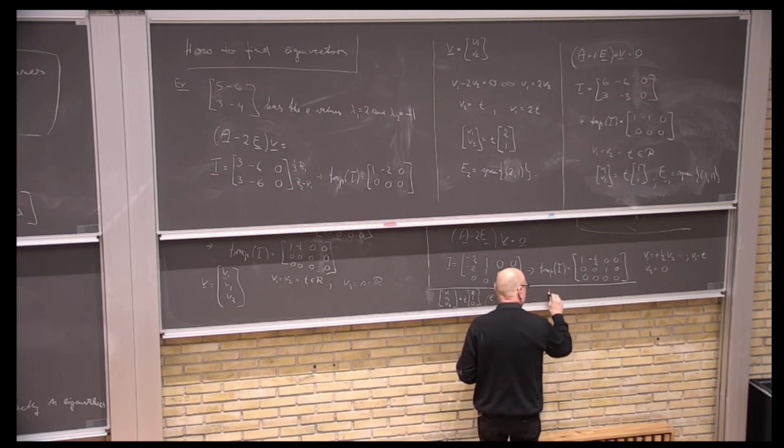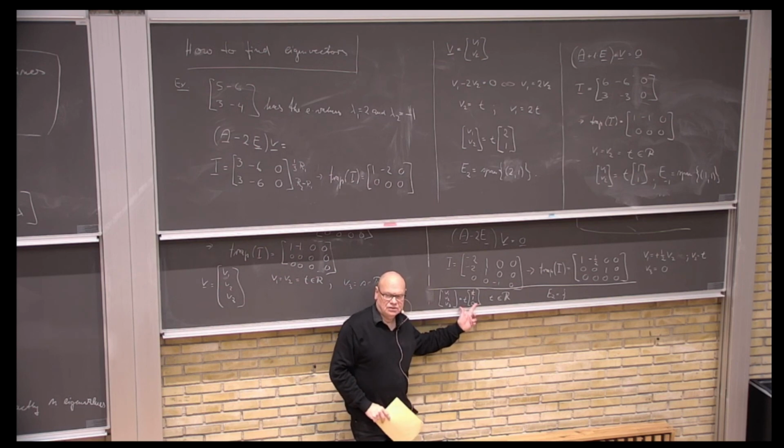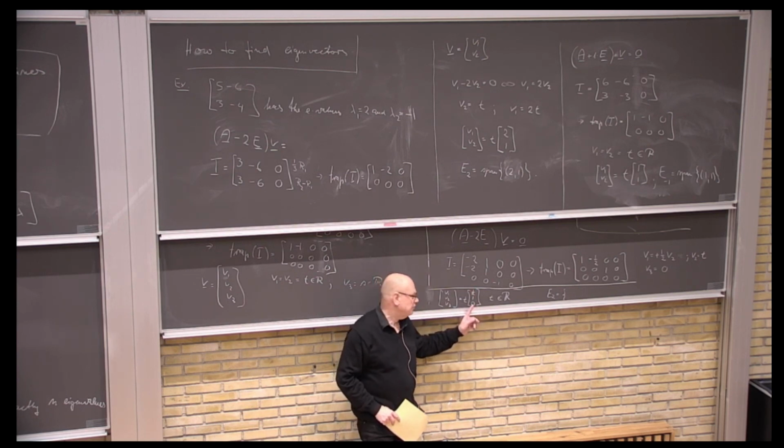Now, when I write down the eigenspace here, I can in fact choose any vector parallel to this one. And often you would like to have integer numbers in your eigenvector.